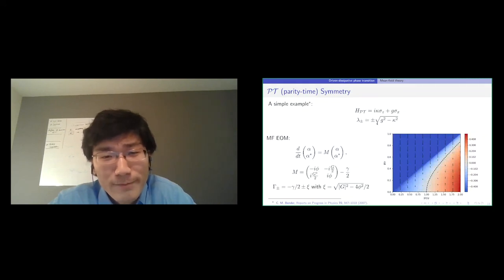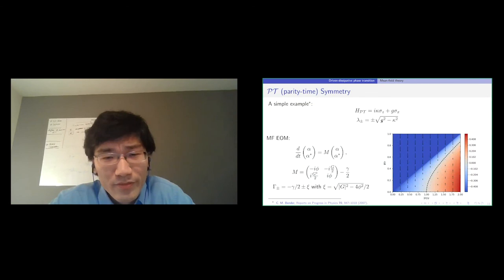You can show that the eigenvalue looks like this. If the non-Hermitian part kappa is smaller than the Hermitian part G, then these two eigenvalues are real. But if kappa, the non-Hermitian part, is larger, then the eigenvalue is imaginary.